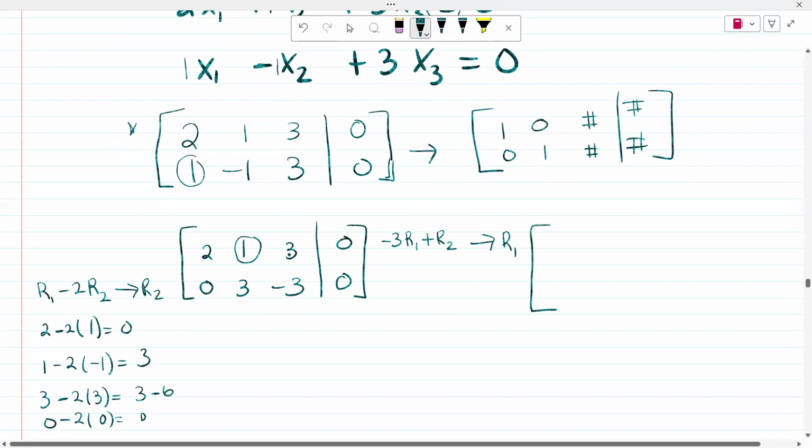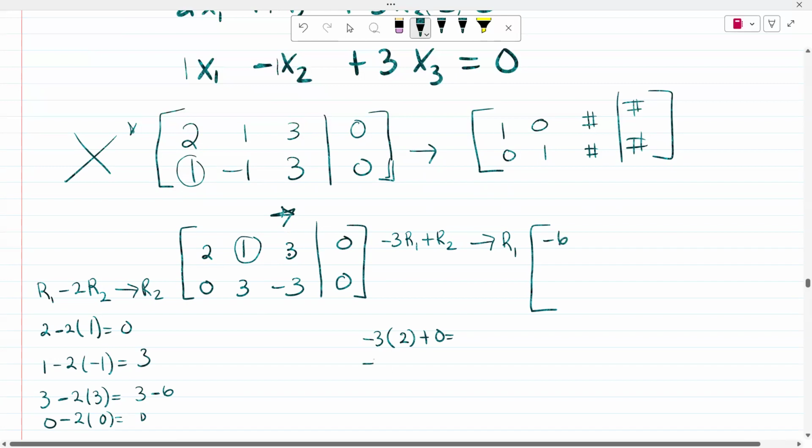Okay, so -3, first number in row 1. So you start with the previous matrix. So now you start with this one, not this one, right? So first number in row 1 is 2, plus first number in row 2 is 0. So that would be -6, right?